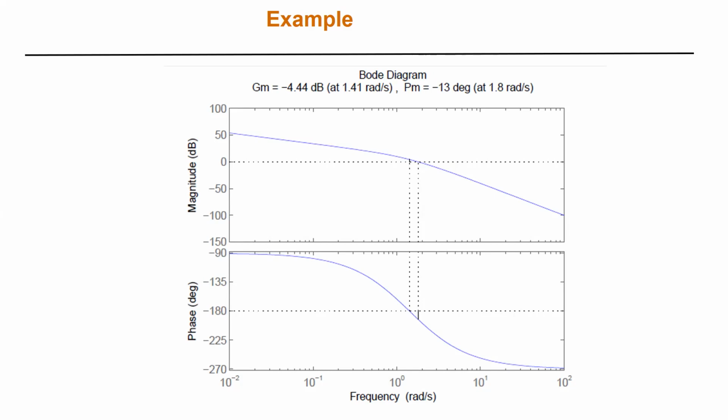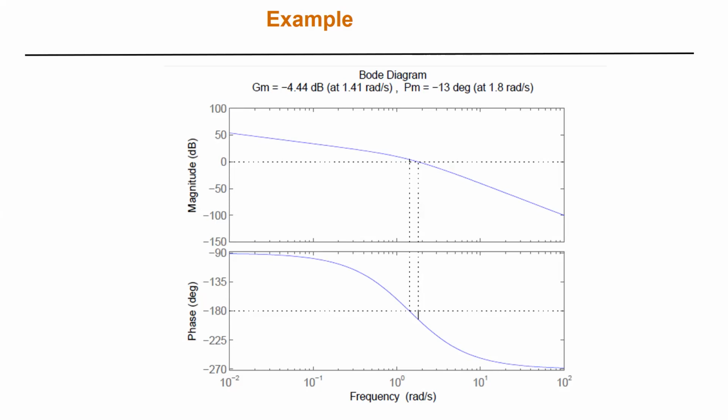Clearly, by changing the gain, we run into the problem of instability. Now we will do the design such that we get the desired phase margin.